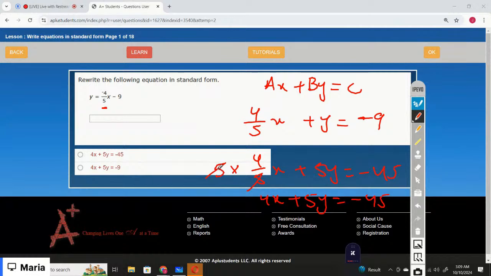So the correct option is option number 1, that is 4x plus 5y equals negative 45.